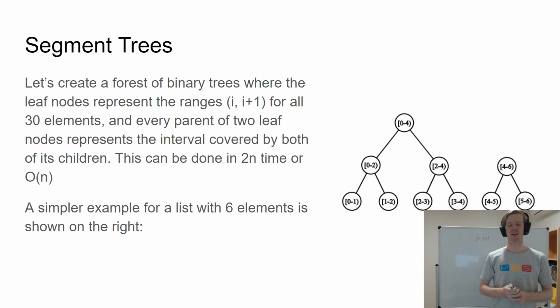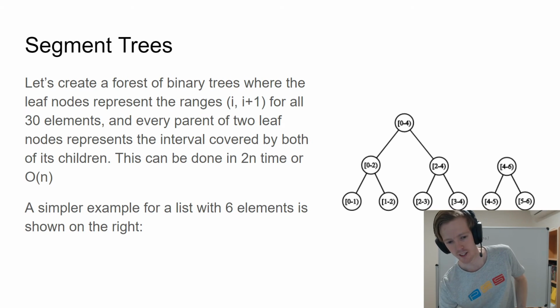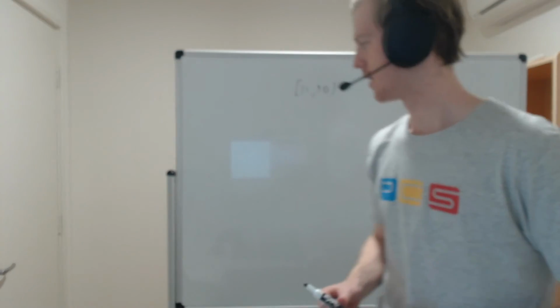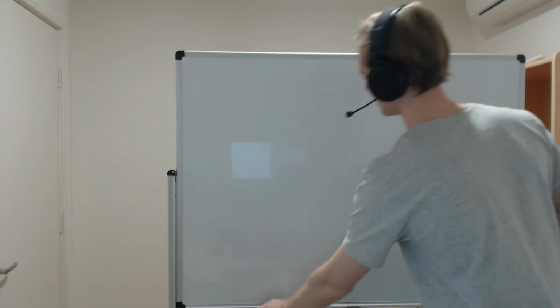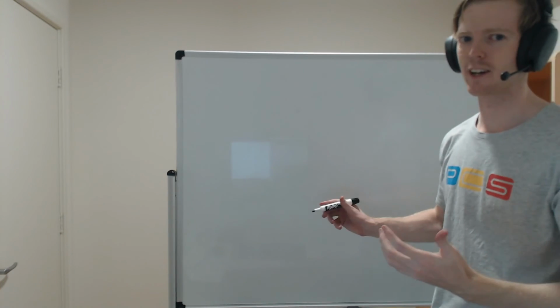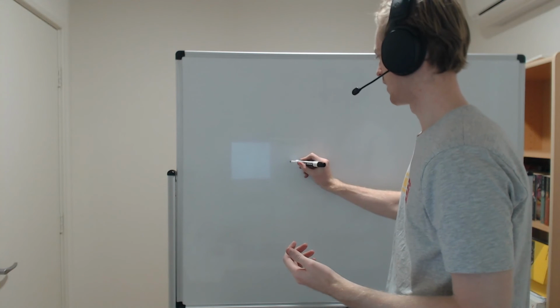So for instance, 0 is an edge case, but for 4, if we continued that tree, I'll draw out a slightly bigger tree, with size 10 elements.